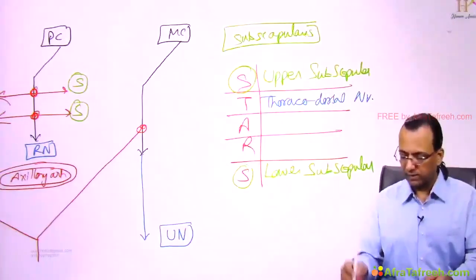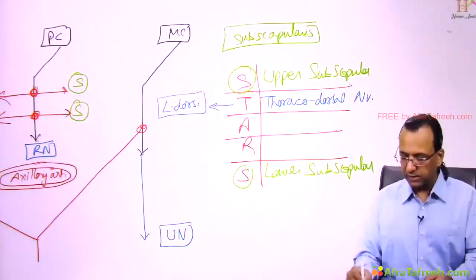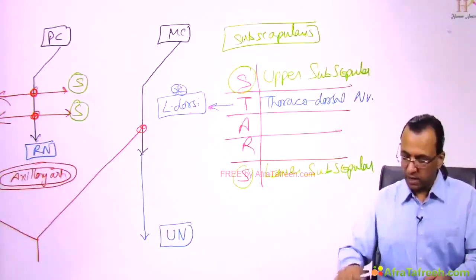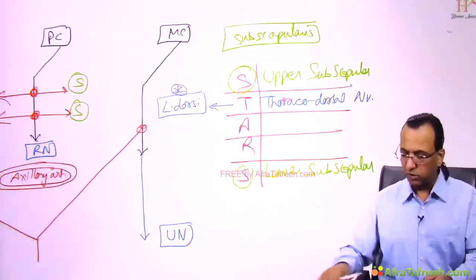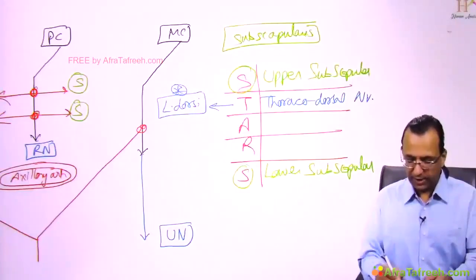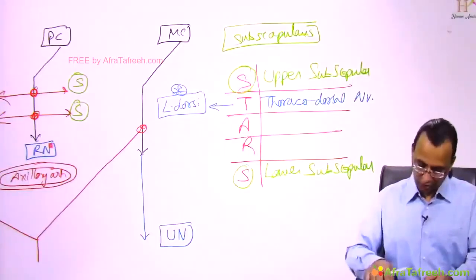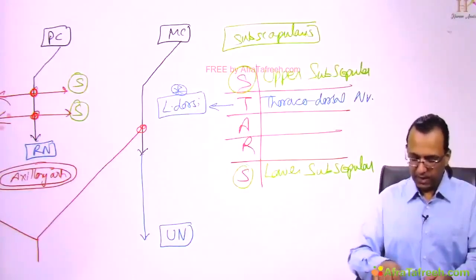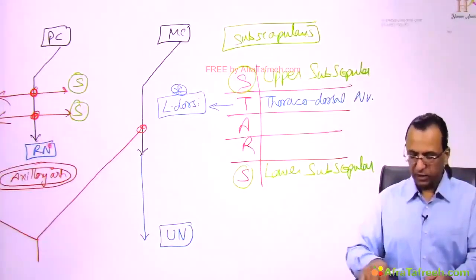That is called latissimus dorsi, supplied by the thoracodorsal nerve. Yes, I can write T here, and then R is already there. This is STARS: S, T, A, R and S.